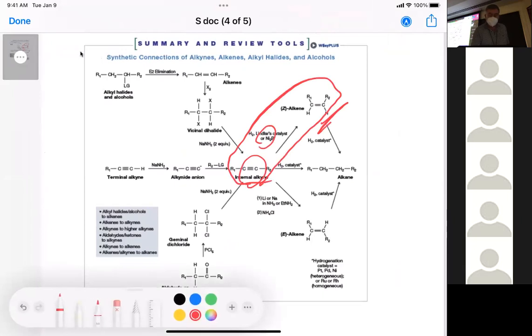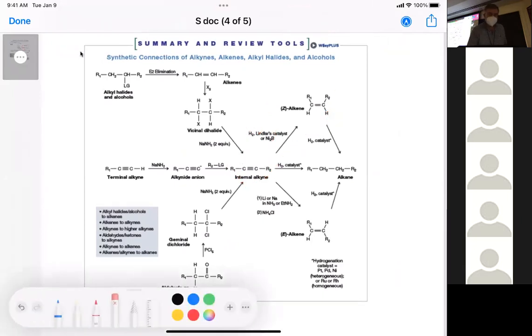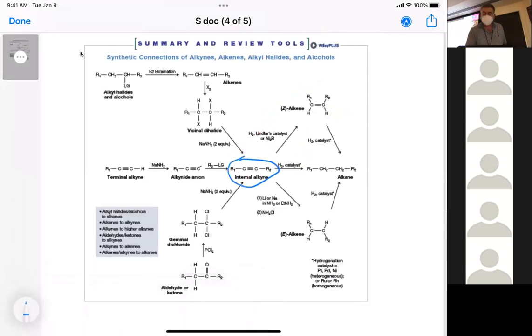But then you also need to think of it as, oh, if I have this and I have this, what do I need? What reagent do I need? So put a blank there and try to figure out what this is. Okay, so be able to go forward, but also fill in what the reagent is.